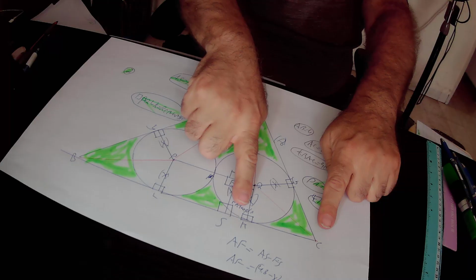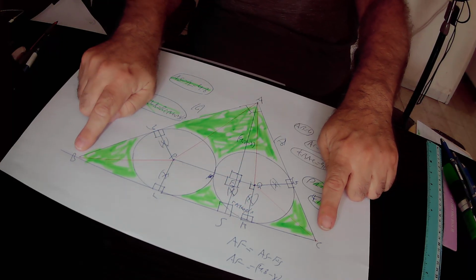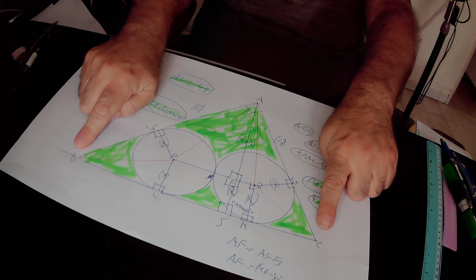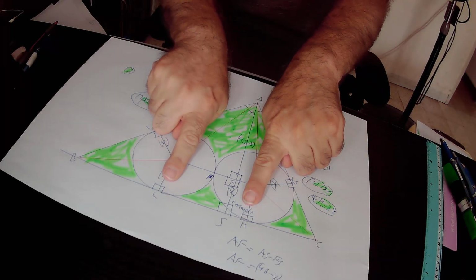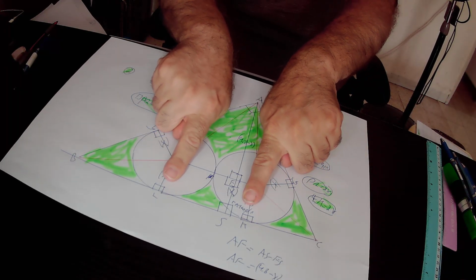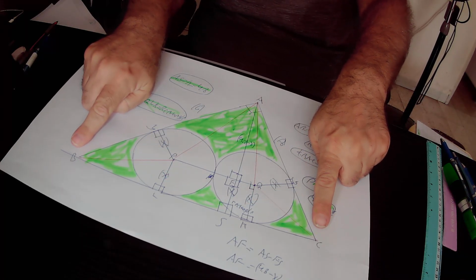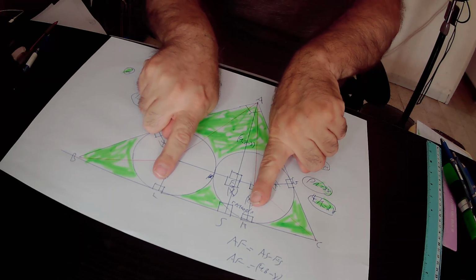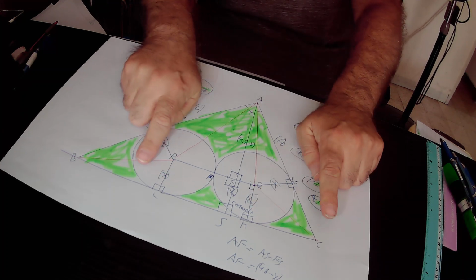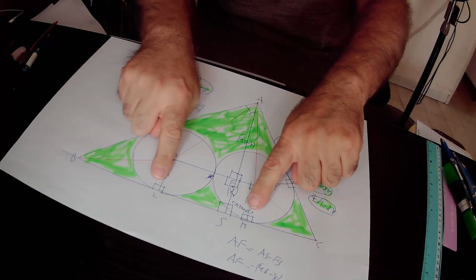What is the value of BL plus KC? From the drawing, it is very easy to see that if you remove LK from BC, what is left is BL plus KC. So in total, BL plus KC must be equal to BC minus LK.